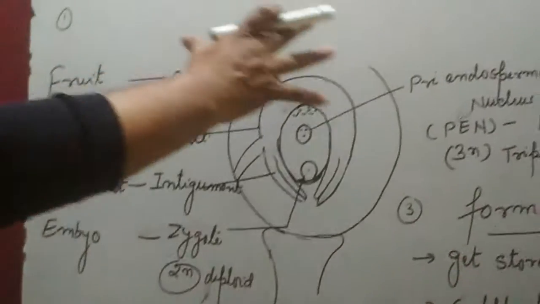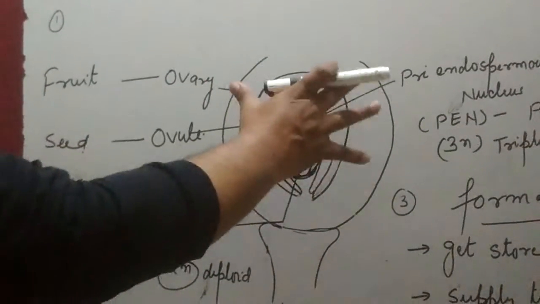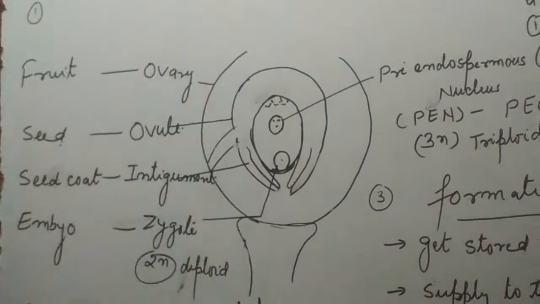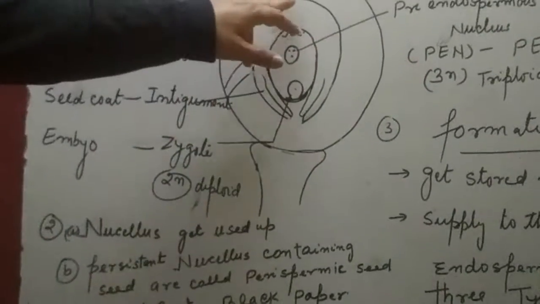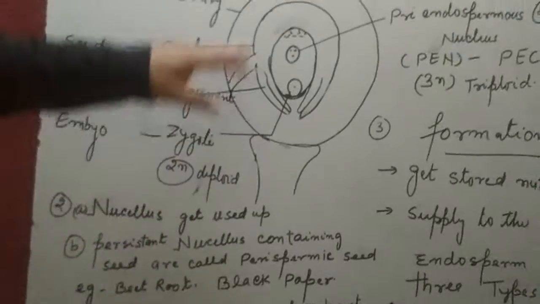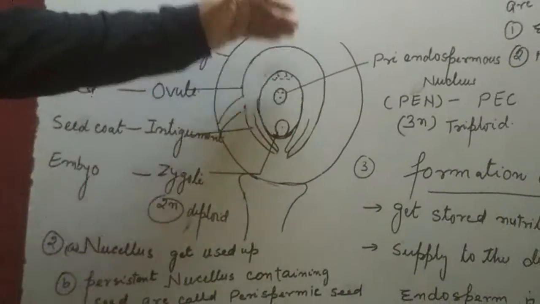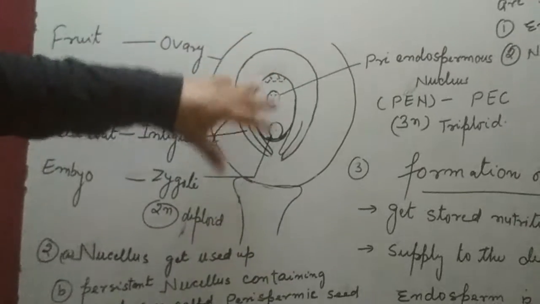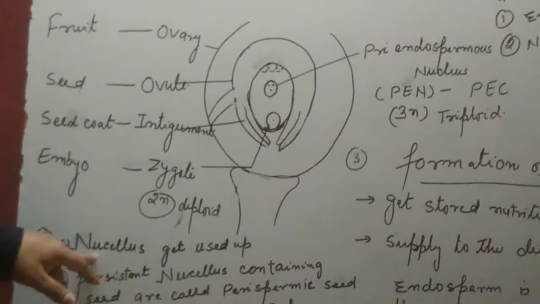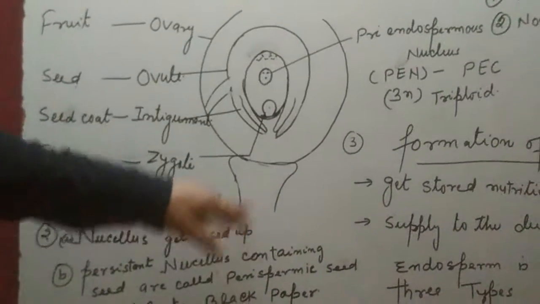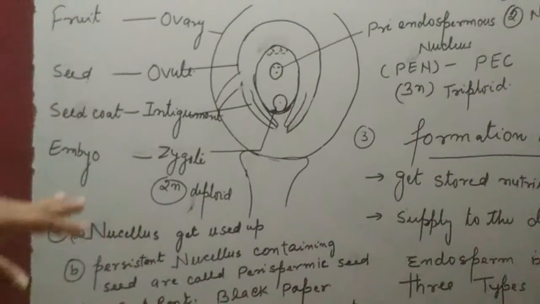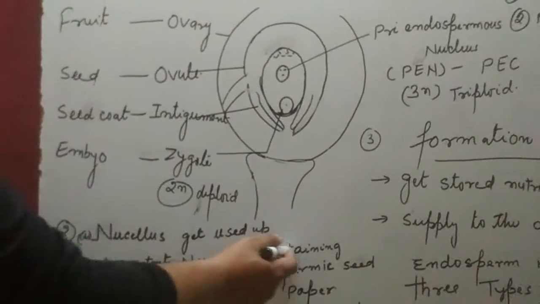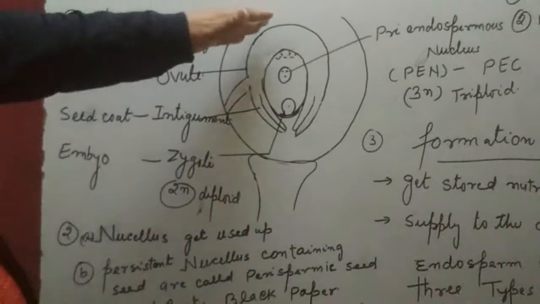The first point is the different changes that take place inside the ovary, and the second point: around the embryo sac, the parenchymatous nucellus is present, and the nucellus is totally used up by the embryo sac in most plants. But in some plants the nucellus is persistent, not completely used up.